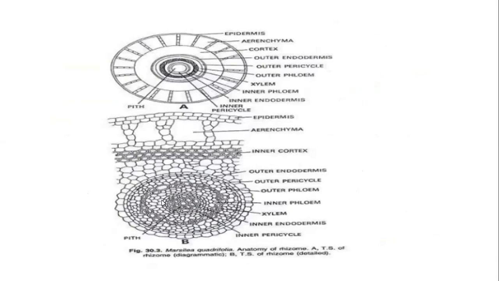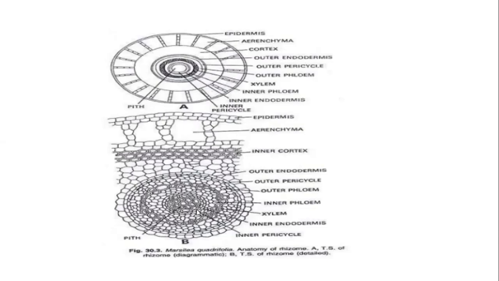And also two pericycles, that is two steles, we can look into here. This is the outer endodermis, below that is the outer pericycle, and this is the outer phloem, you can see here. Next, in between this outer phloem and the inner phloem, you can see a ring of the xylem tissue.